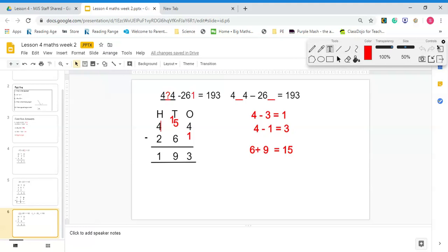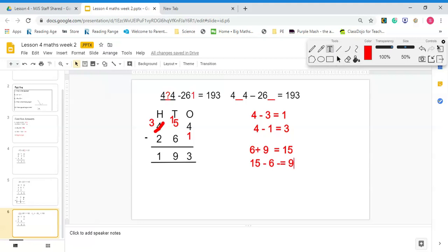So if we look at that just here, we can then say that that is going to go down to 3, because obviously we've had to regroup it. We can do a check. We said that 6 plus 9 equals 15. So the inverse of that, using our knowledge of number bonds, is 15 take away 6 should give us our value of 9, which it does.